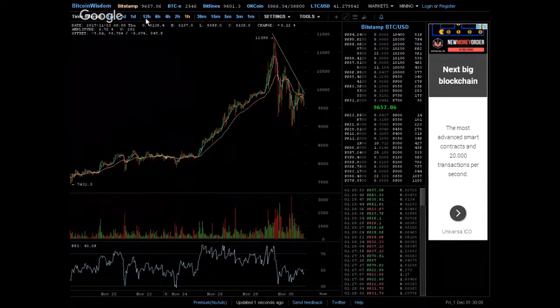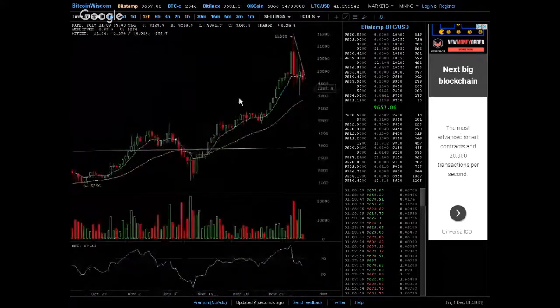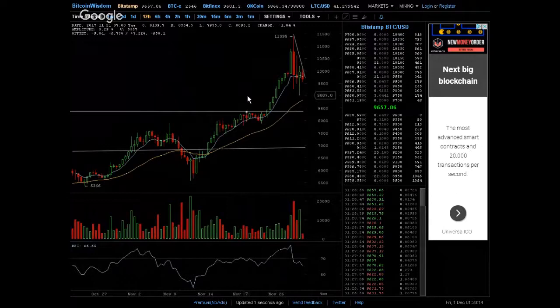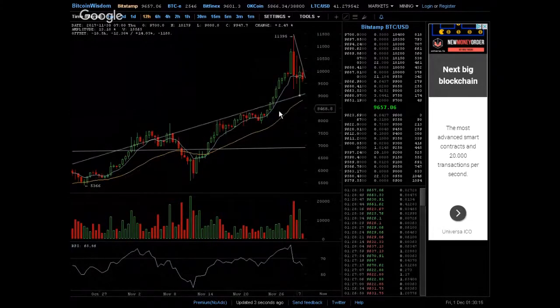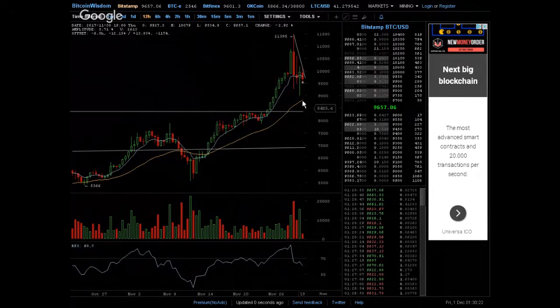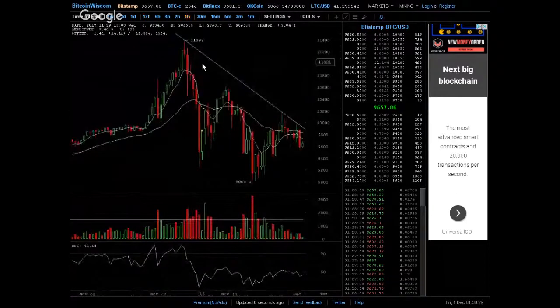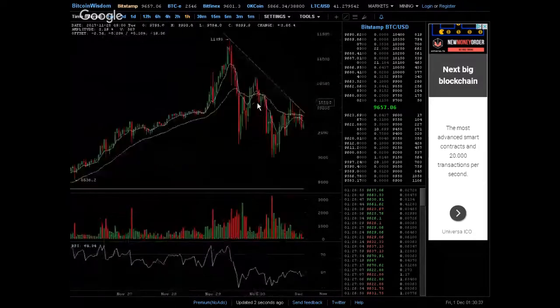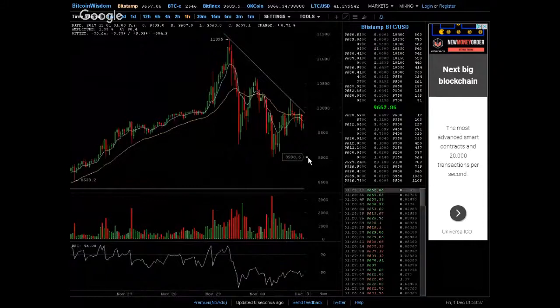So let's go back into the 12-hour and see if we can take a guess how much further. Let me see the support. There's a support here at 8,400. Another option is right here at 8,800.